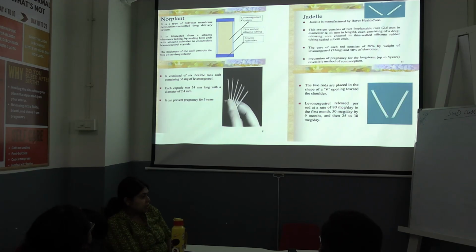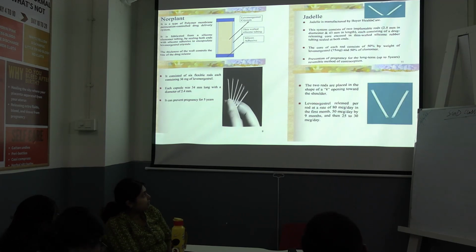So it contains 6 rods, and each rod contains 36 mg of levonorgestrel, and it is used for 5 years for prevention of pregnancy. Whereas Jadelle contains only 2 rods. These 2 rods are inserted in a V-shaped manner over the shoulder, and also contain levonorgestrel, which is released at the rate of 80 mcg per day in the first month, 50 mcg per day by 9 months, and then 25 to 30 mcg per day.